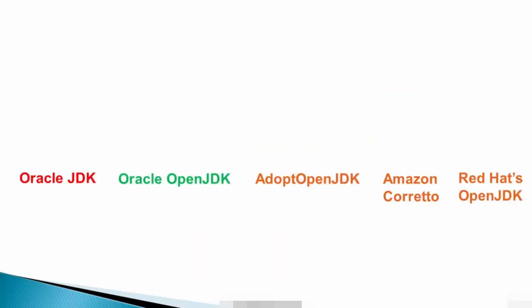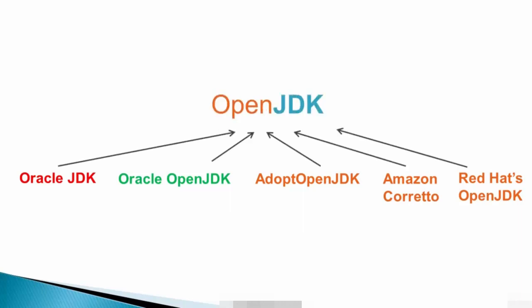Now, earlier it was mentioned that these are some of the prominent JDK providers. Although these are different implementations, they are all based on the same source code, and this source code is developed as part of this project called OpenJDK. And this source code is open source, and it was originally proprietary to Oracle, but later Oracle made it open source so that anyone can contribute to it, including engineers from companies such as Oracle, Amazon, and IBM.